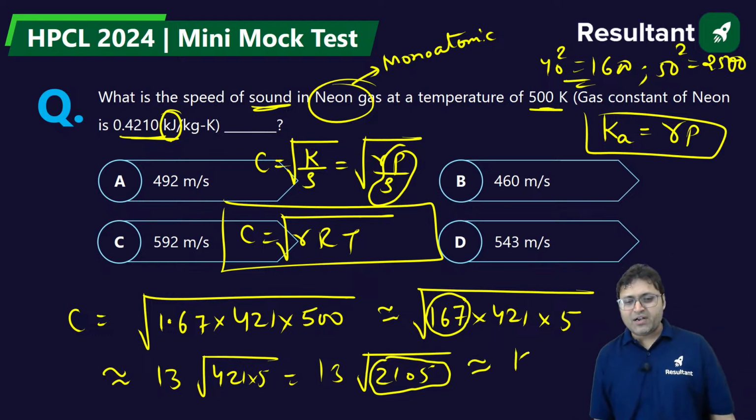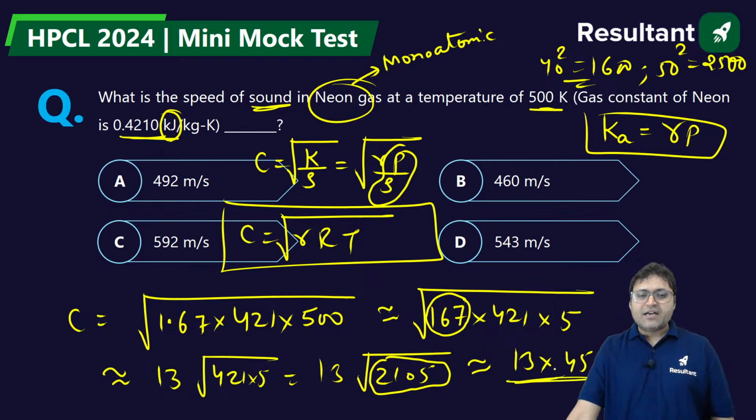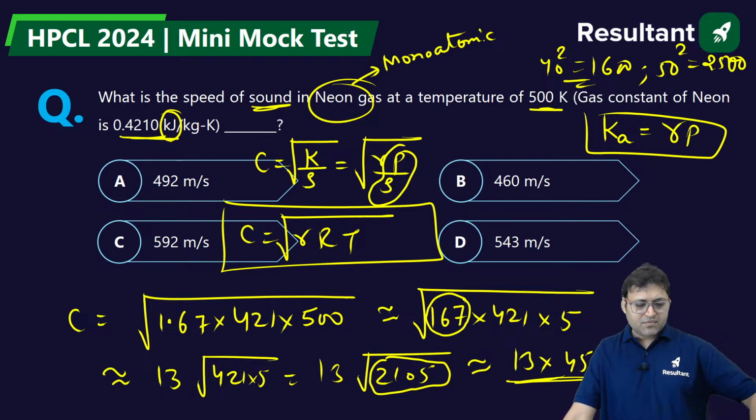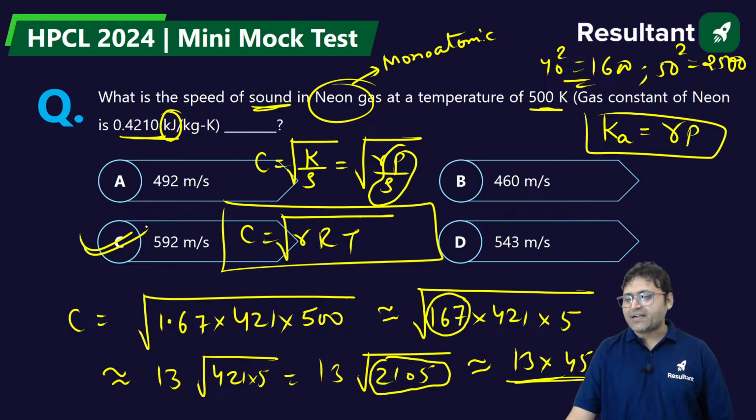So let me call it 13 into 45 something. How much is 45 into 13? 585. It is close to 585. 592 will be the correct answer.